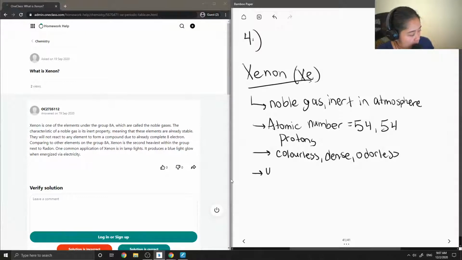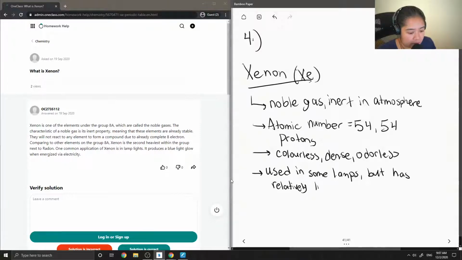And xenon is also used in some lamps. But it has relatively little commercial use.